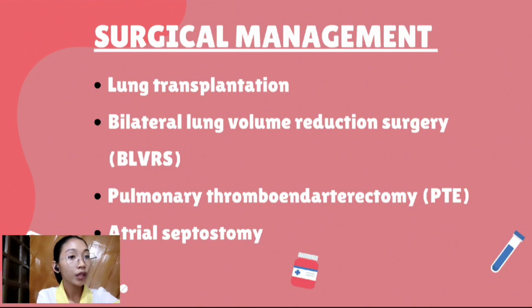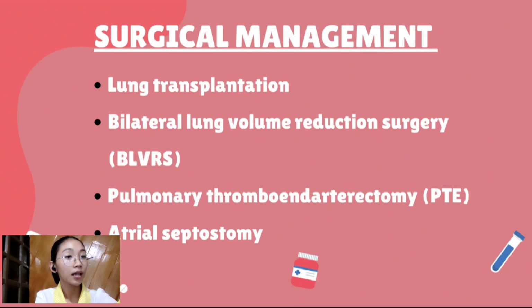Next is the pulmonary thromboendarterectomy, or the PTE. If cor pulmonale is associated with chronic thromboembolic pulmonary hypertension, PTE may be performed. This surgery involves removing chronic blood clots from the pulmonary arteries to reduce pulmonary hypertension.